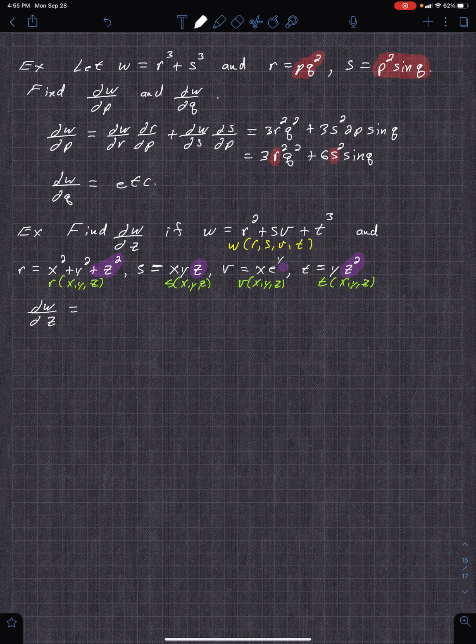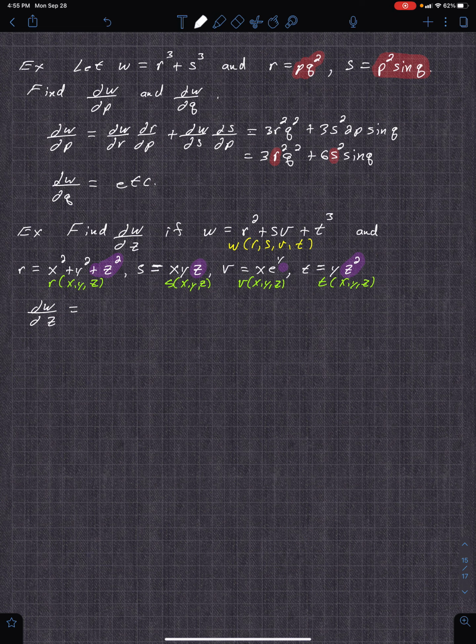So it's always going to be z in the end. Plus partial w with respect to v, partial v z, plus partial w with respect to t, partial t z.